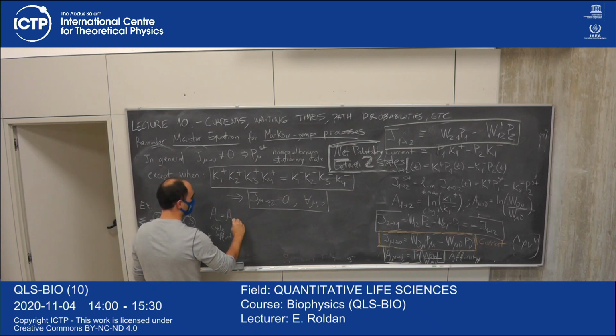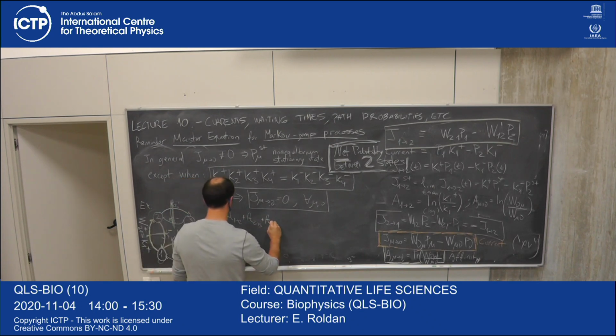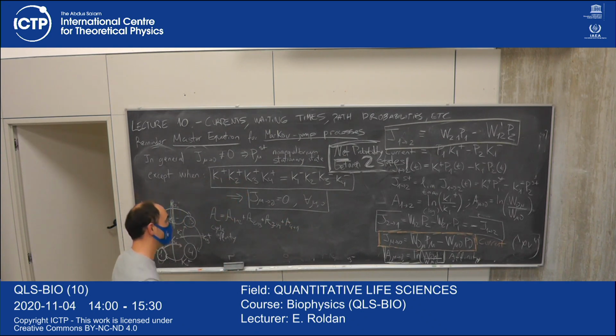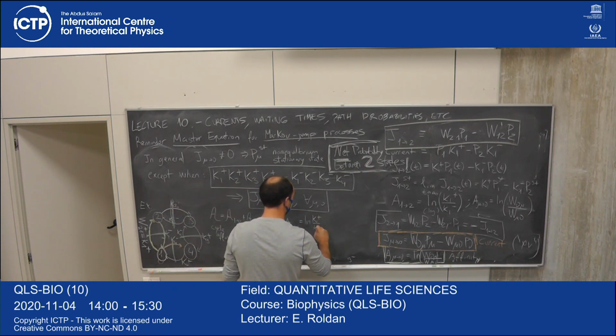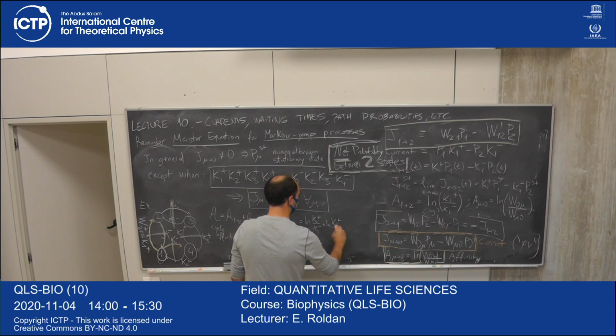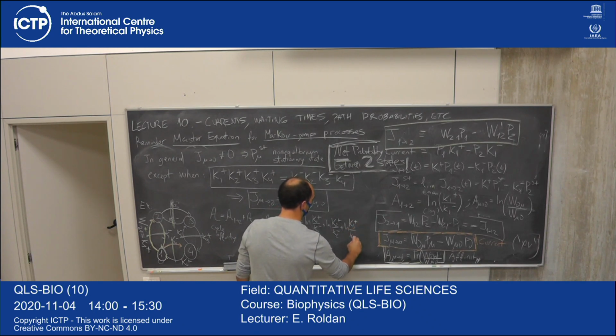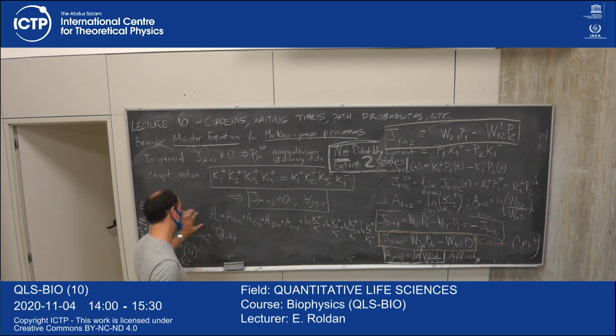This will be A12 plus A23 plus A34 plus A41. So the logarithm of K1 plus divided by K1 minus, plus the logarithm of K2 plus divided by K2 minus, the next log of K3 plus divided by K3 minus, and the next logarithm of K4 plus divided by K4 minus. I took that formula. So this is the affinity of a cycle.